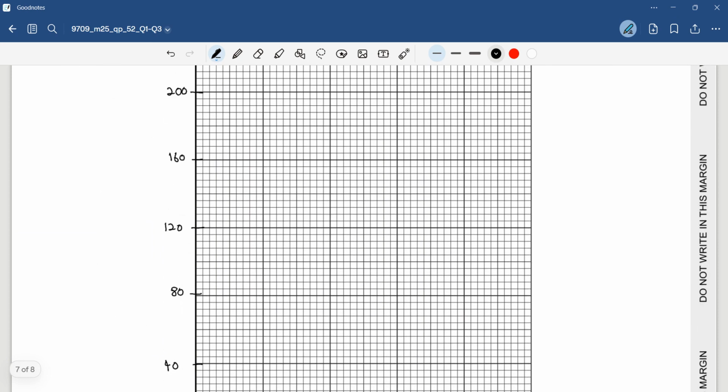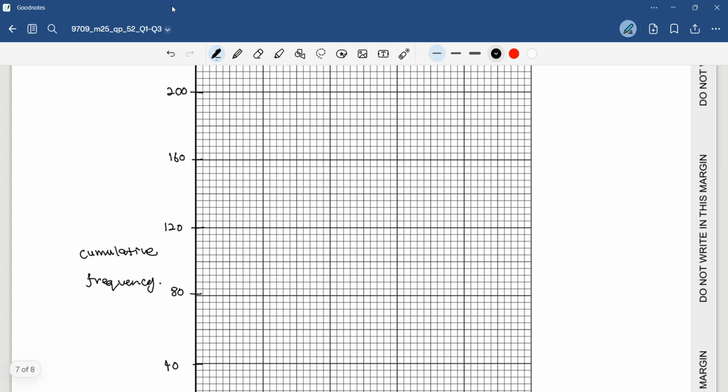It's very difficult for me to write. It's okay, fine, I just write in this way. So cumulative frequency.